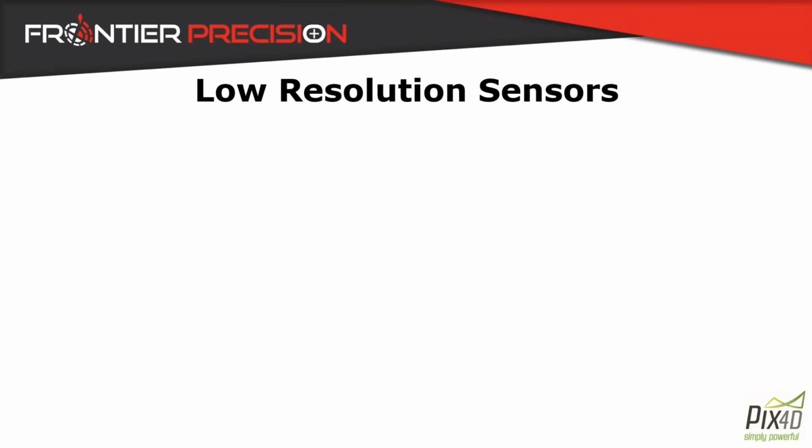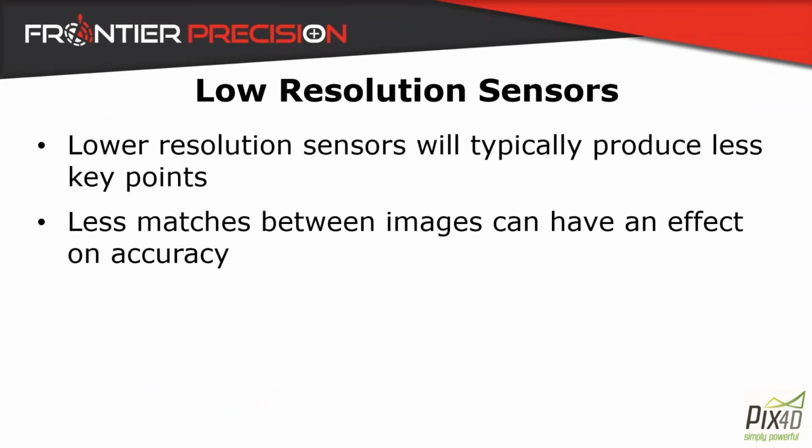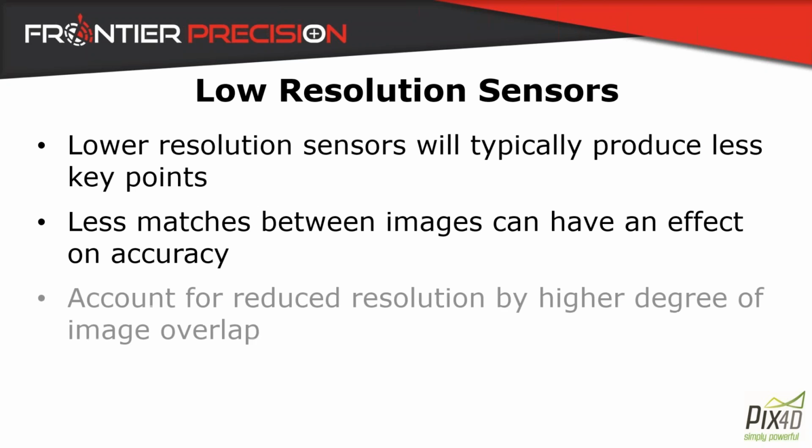All right, also be wary of low resolution sensors and some issues we might see with those. Low resolution sensors would typically produce fewer key points in Pix4D, first and foremost. Because of that, this will result in fewer matches or automatic tie points between the images, and will certainly have an effect on your project's accuracy.